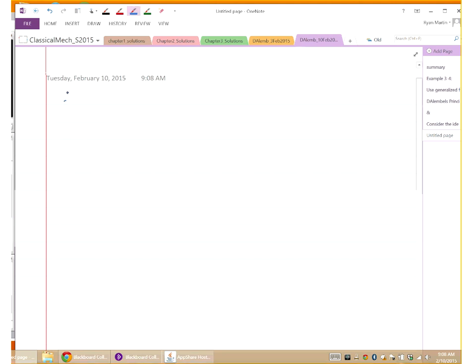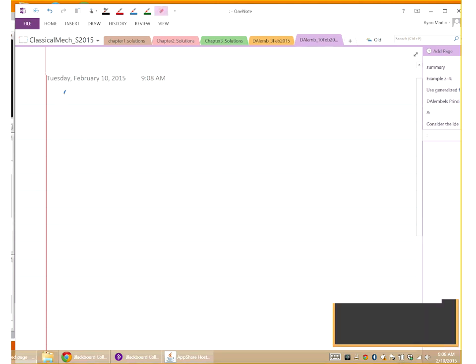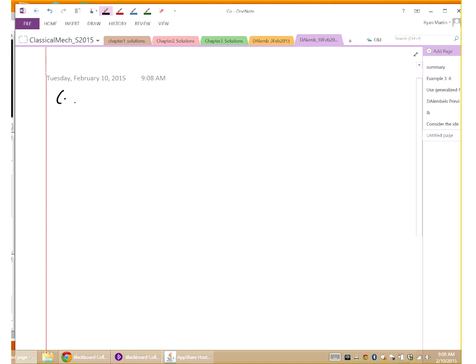So consider ∂/∂q̇_j of ṙ_i dotted with ṙ_i vector.